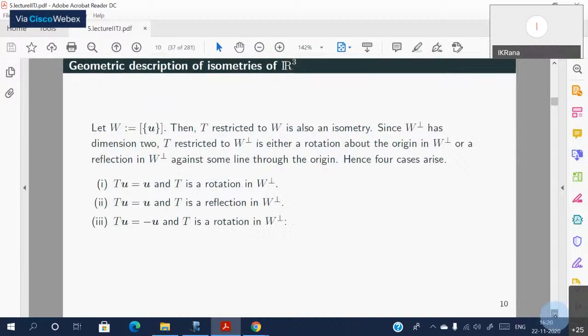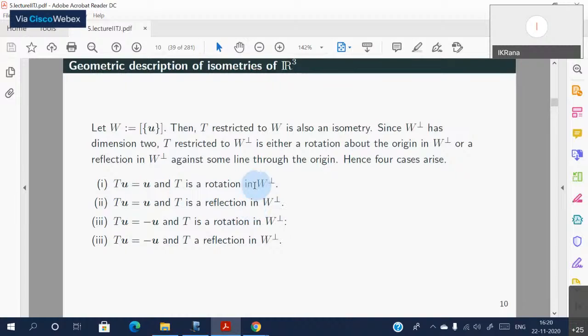So one can now write down the isometry T. On W, either it will be Tu equal to u, where u is the eigenvector, and on W perpendicular, it can be a rotation, or it is Tu equal to u, identity on W, and on W perpendicular, it is a reflection.